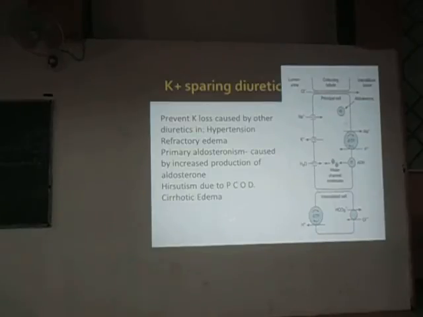Because sodium is going in, more amount of sodium is going in, the sodium potassium ATPase system is working, and once the system is working, more amount of potassium is generated inside the cell. So that's why, due to the electronegativity created, potassium is expelled out. Is it clear, the normal mechanism?